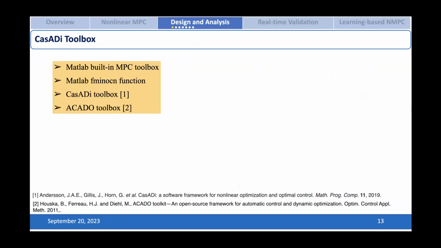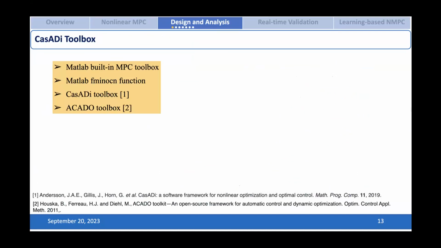To implement MPC, like the coding or implementation of MPC, there are multiple toolboxes available. The first one is the MATLAB built-in MPC toolbox, which we can use to design the problem. But in this case, we have the generic quadratic problem of the MPC, and we are not allowed to modify it for specific forms or a tailored objective function, as you will see later.